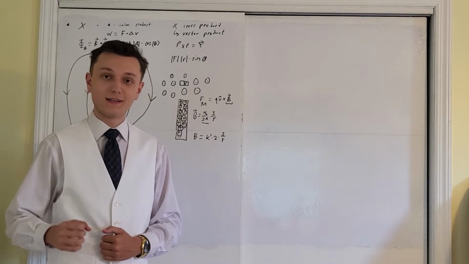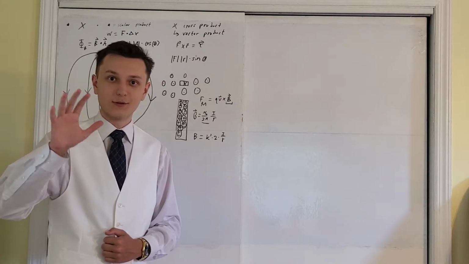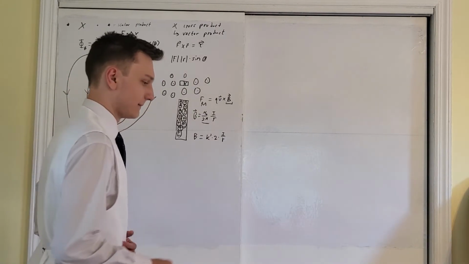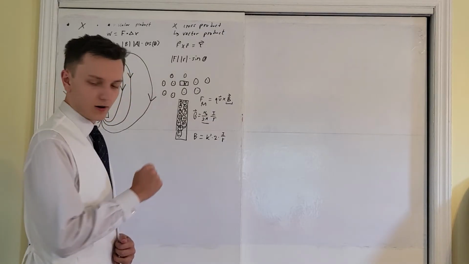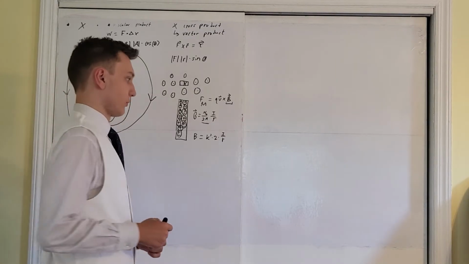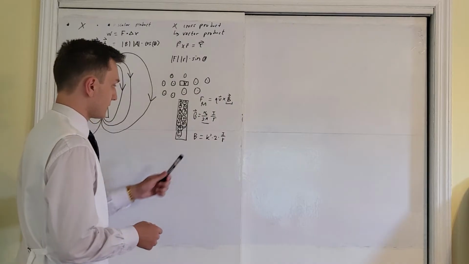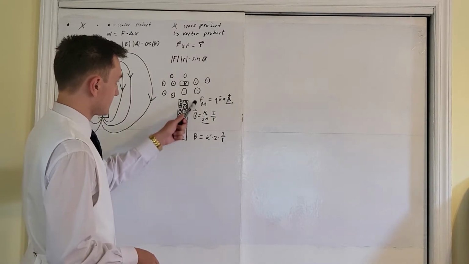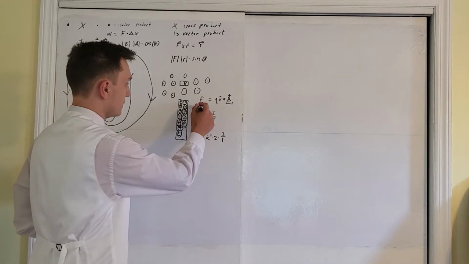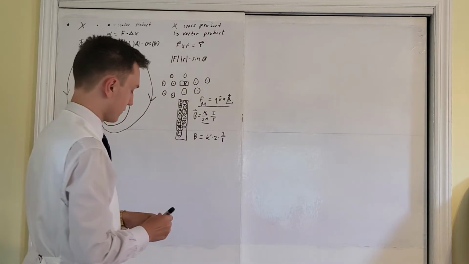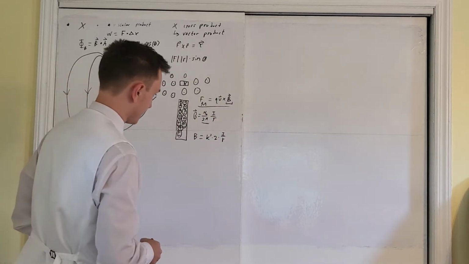Don't be like me. Please use your right hand when doing the right-hand rule. Anyway, so there are two instances of the right-hand rule, okay? The first instance we're going to cover here. The second instance we're going to cover when we return to the magnetic force equation that we were covering just a few moments ago, okay?